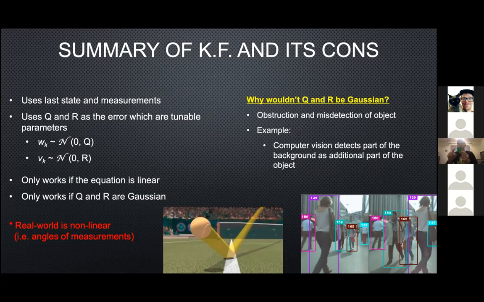It actually thinks it's a little bit bigger on this side because it predicted part of the background as part of the cube. So now the location of the center point of my cube is not going to be just as likely wrong to the right as it is to the left. It's always going to be biased this way because it thinks there's an additional part right here. So my noise is no longer Gaussian because there's a bias.